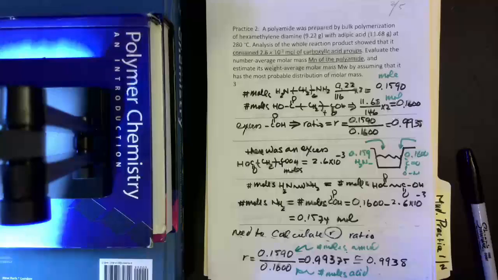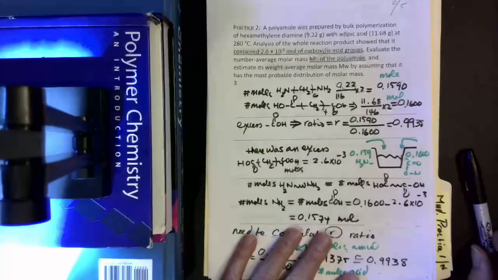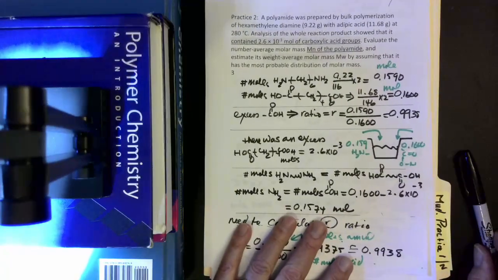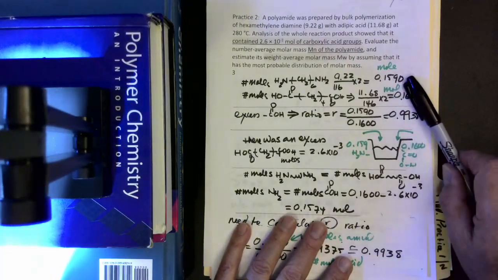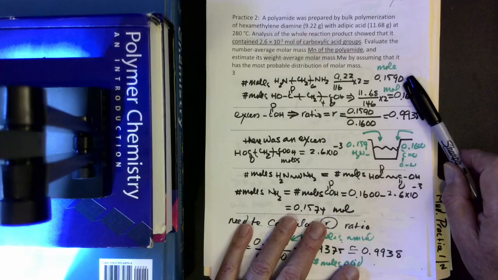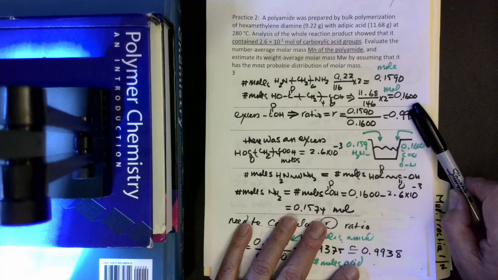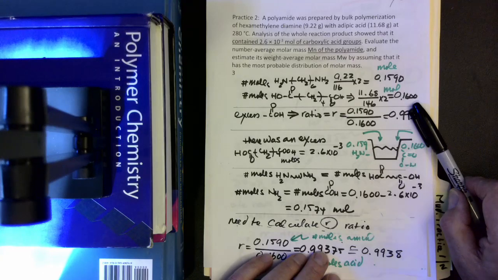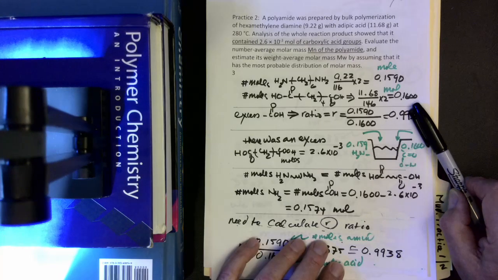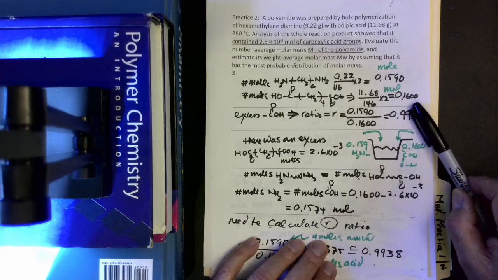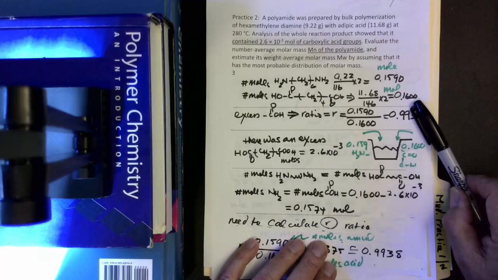So again, let's look at the number of moles. We have 0.1590 for the diamine and 0.1600 for the dicarboxylic acid. Now, the carboxylic acid is, as you can see, a little bit higher than the diamine.